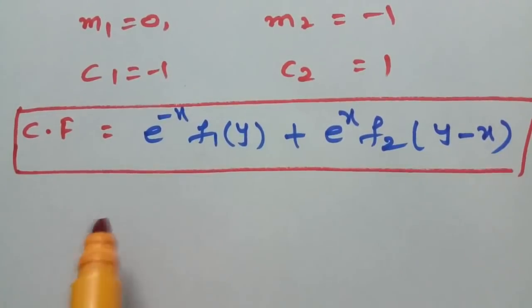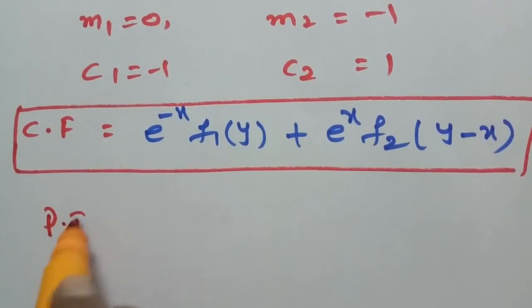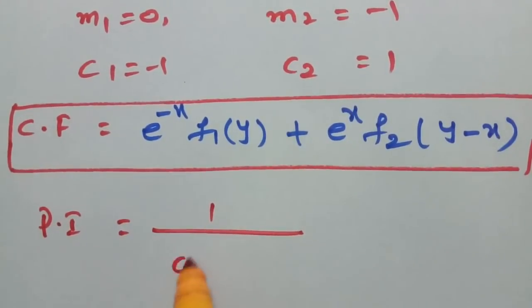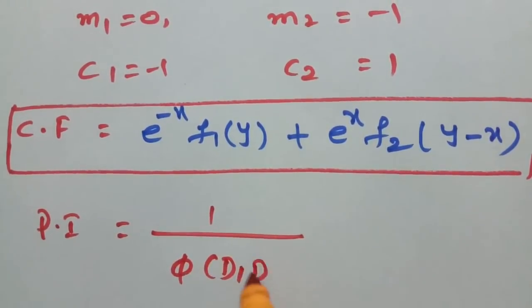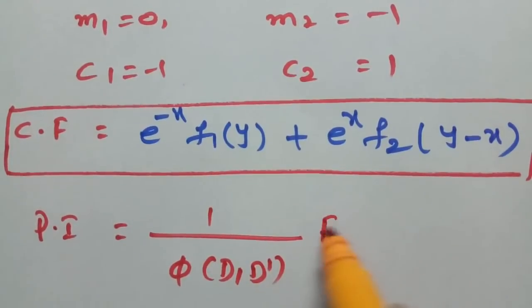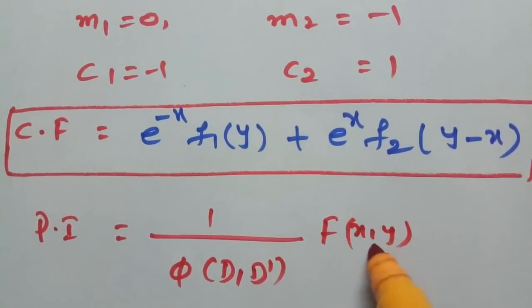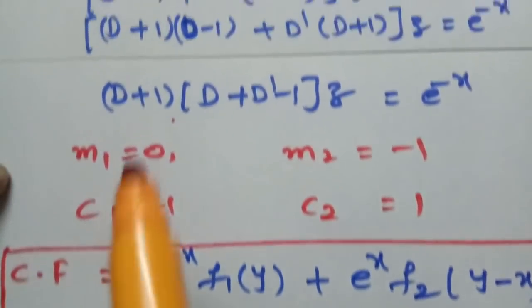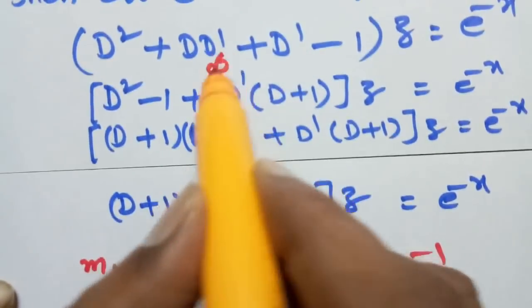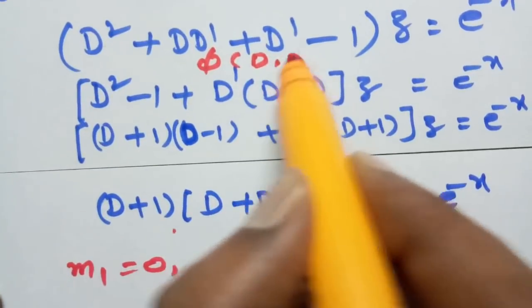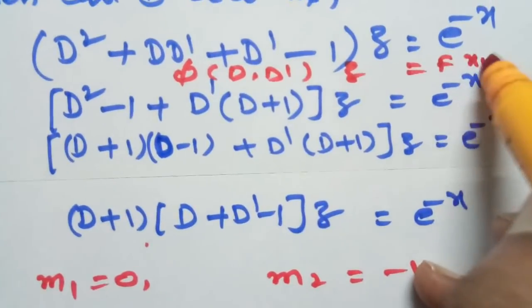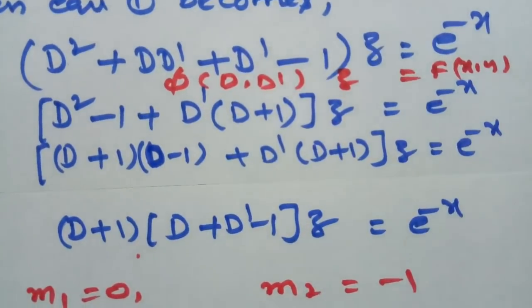Now, the particular integral PI is equal to 1 by phi of D dash into f of x comma y. Here phi of D dash into z is equal to f of x comma y.